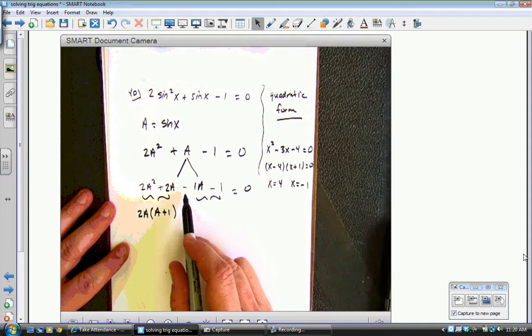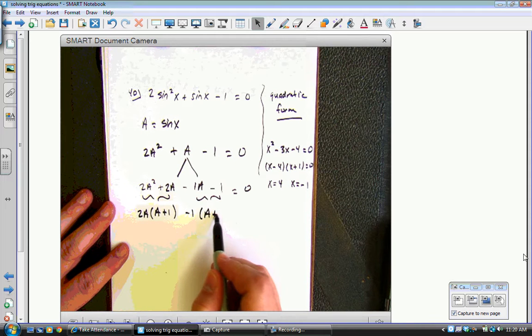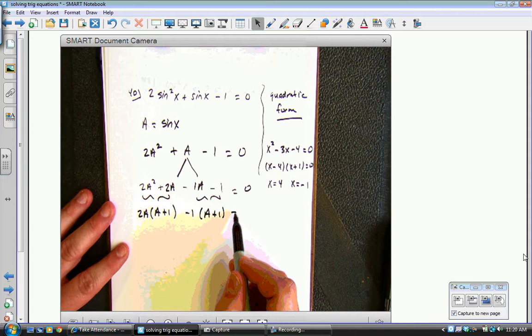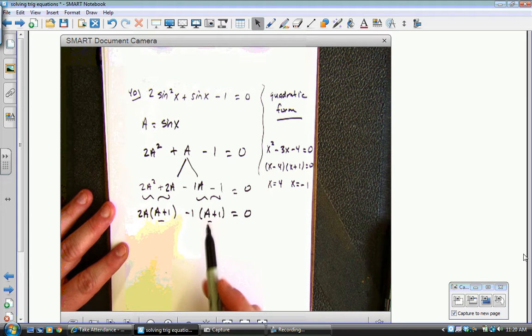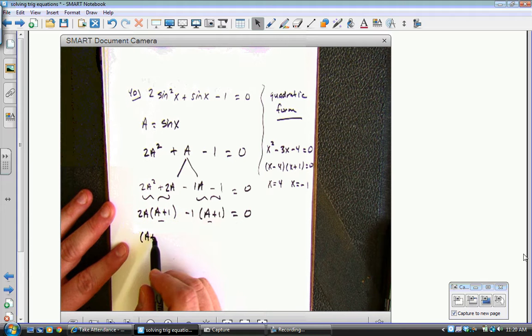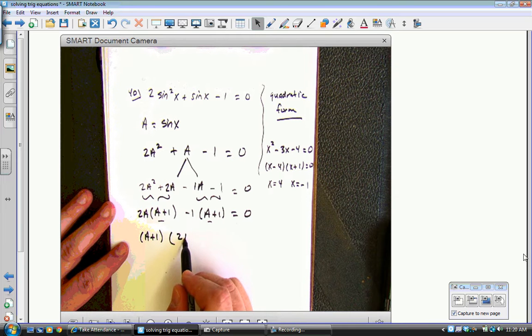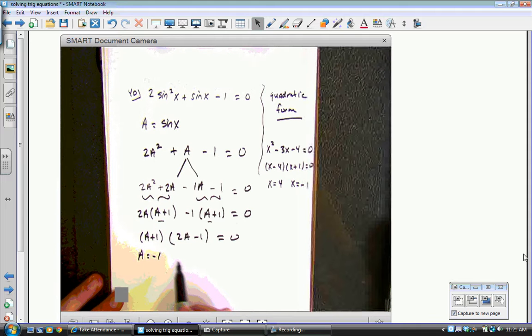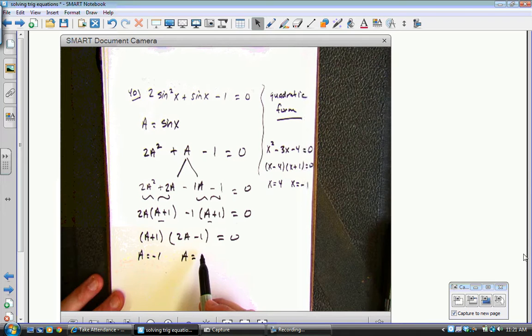And then out of this group, negative 1, so that'll leave me with a plus 1. Same thing. Now I can factor out the a plus 1, and that'll leave me with 2a minus 1. So we'll get a to be equal to negative 1. And then what about this one? Right.